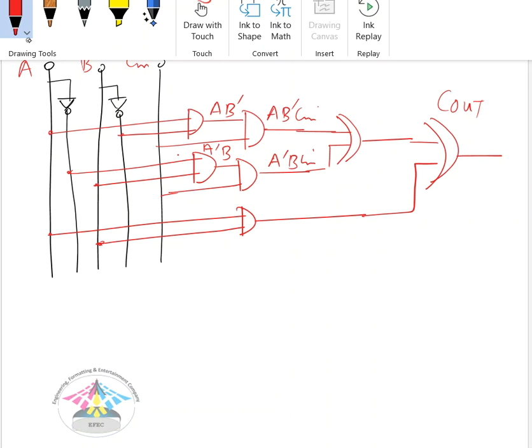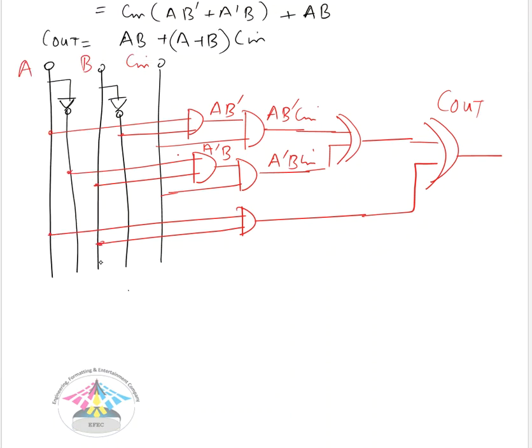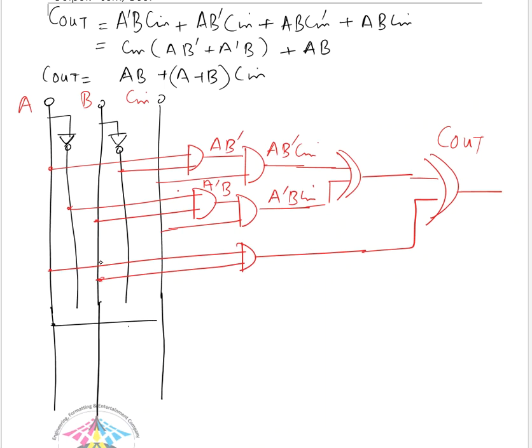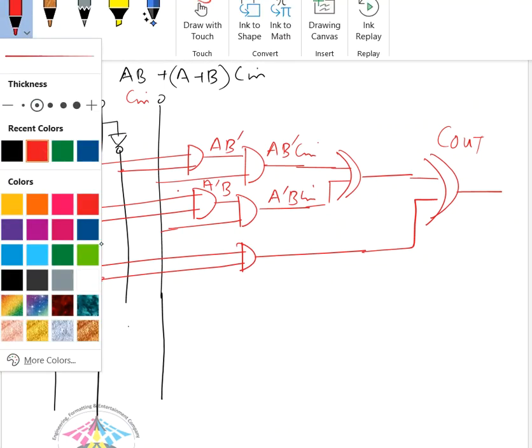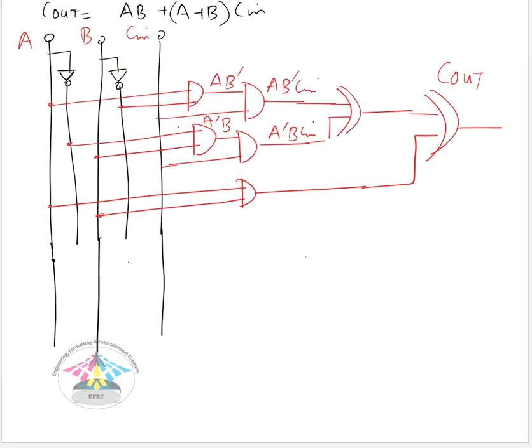Now let's implement the derived form. For this derived form, since we do not need the complements, I'm not going to make them available for this implementation. So now let's change the color for a moment. If we implement it, this would be AB, the first term.